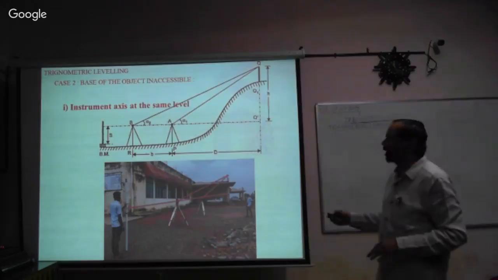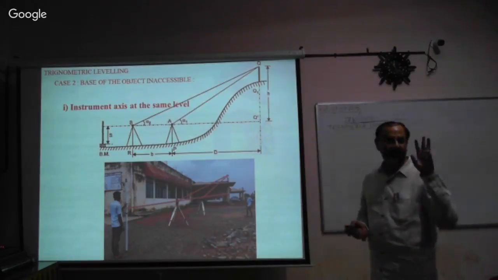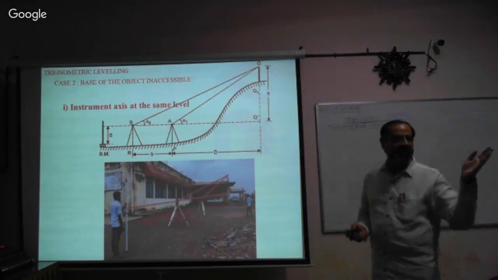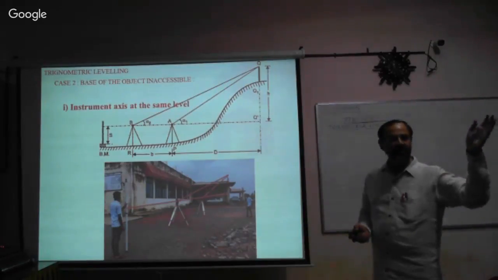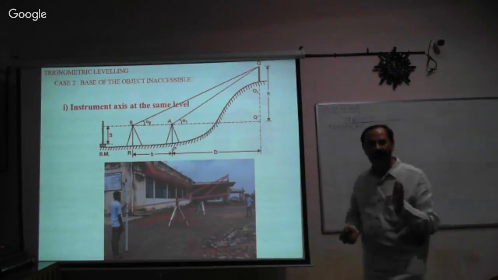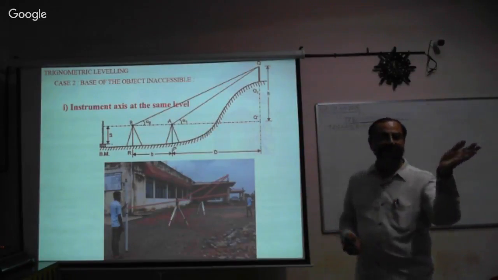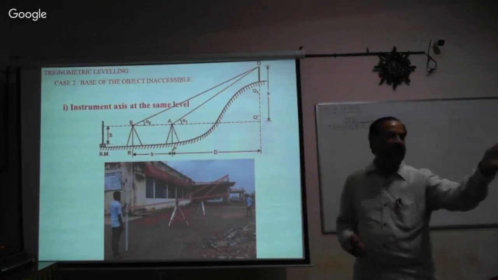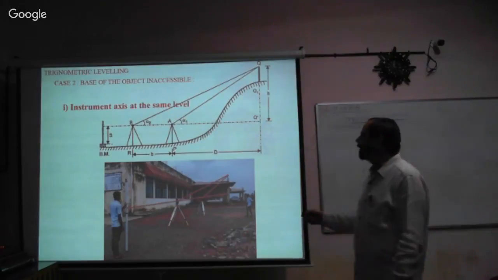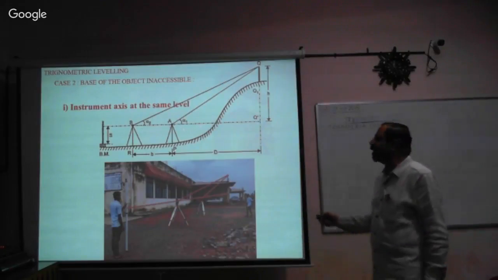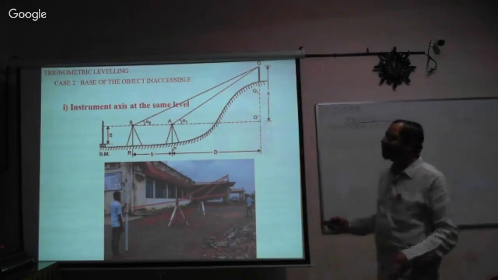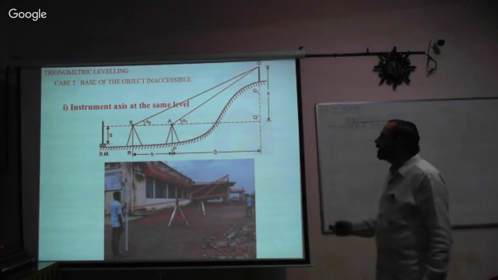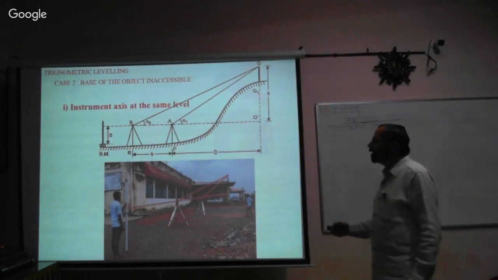We will get 4 readings: on the left face we get the vertical angles C and D, and on changing the face we get 2 more readings, C and D. Taking the average of these 4 vertical angles gives us the value of alpha 1.